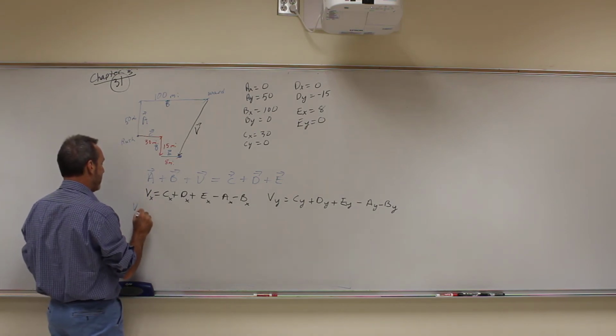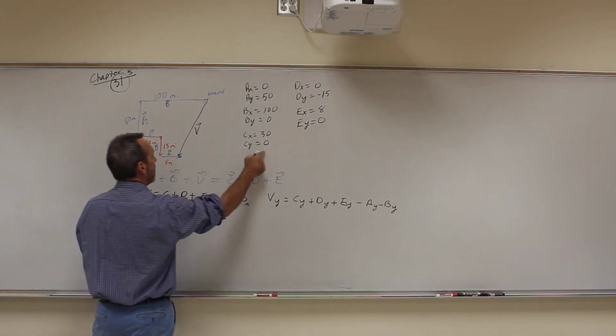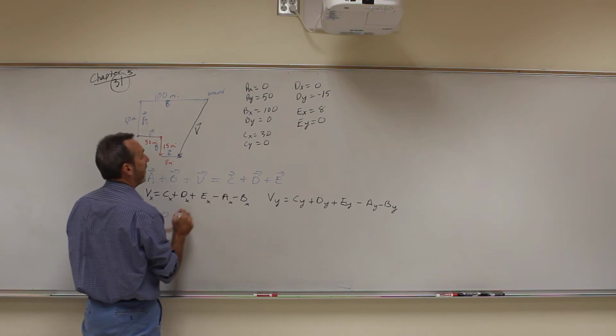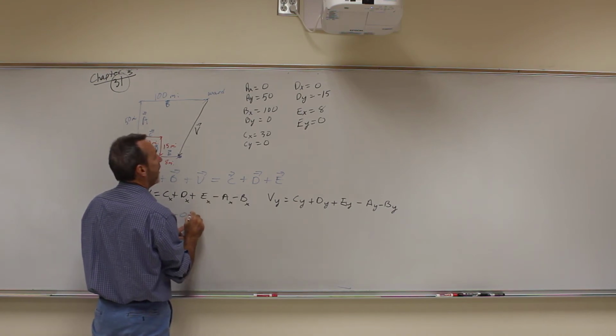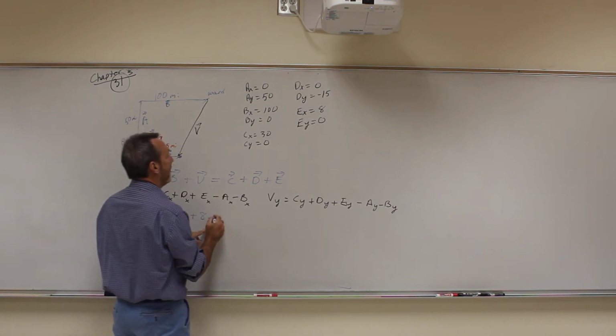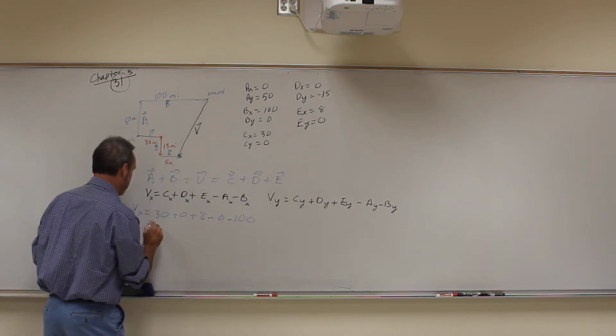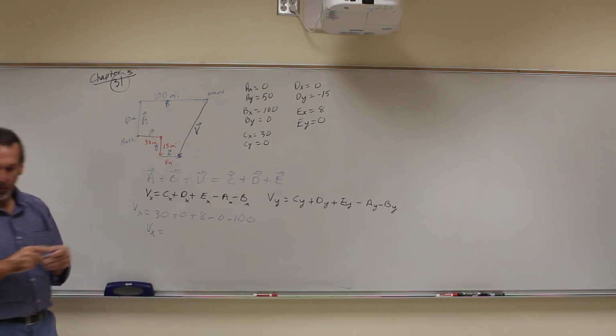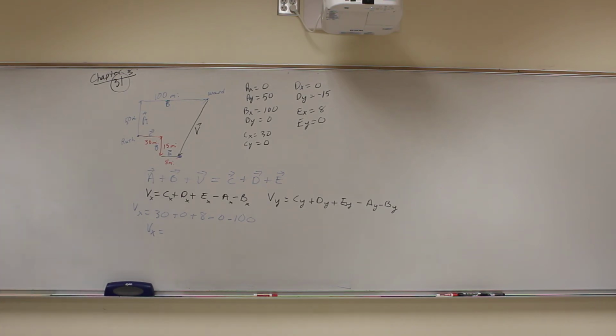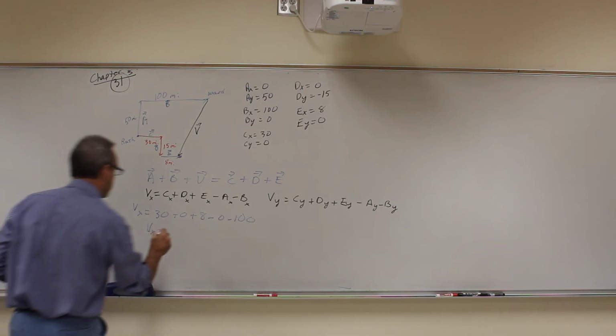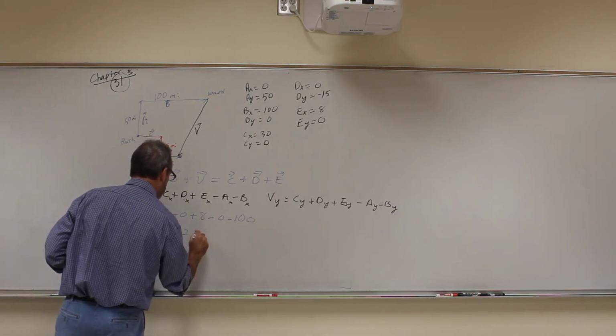So Vx is going to be equal to Cx, which is 30, plus Dx, which is 0, plus 8, minus 0, minus 100. And that gets me Vx. Vx is going to be equal to negative 62 miles.